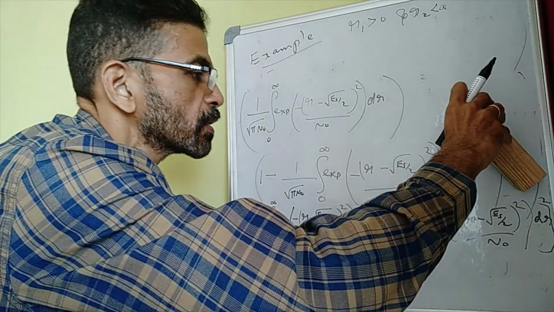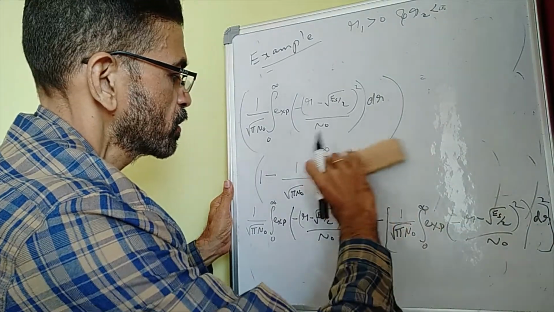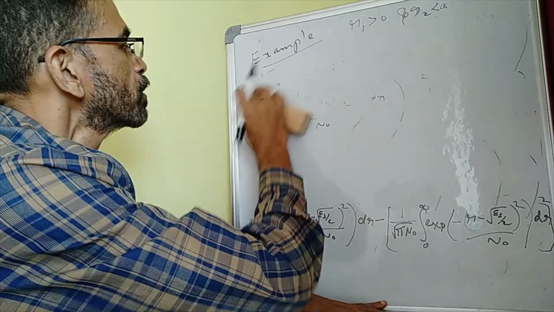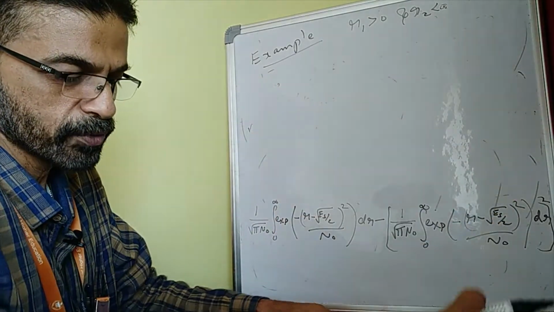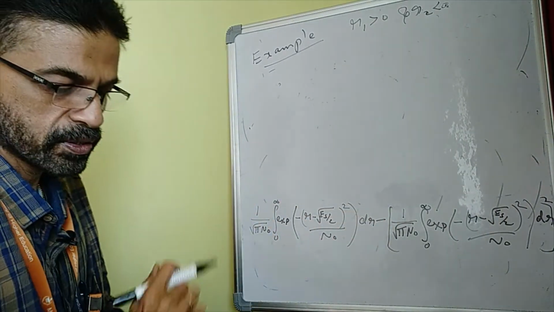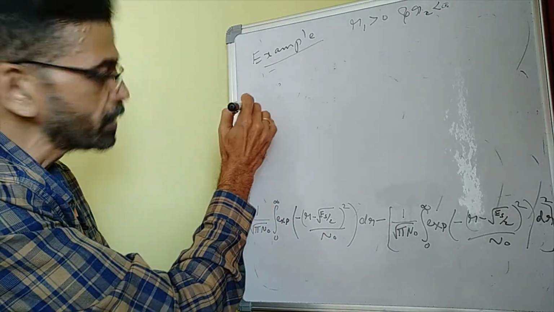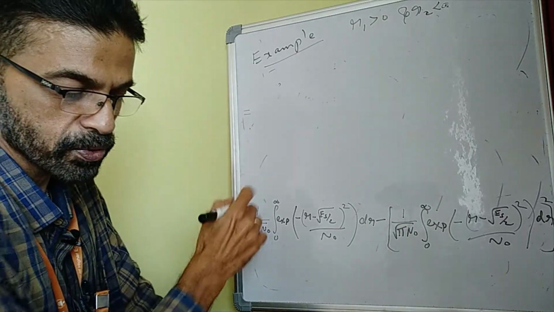Now we can make appropriate substitutions, the steps of which I will not show here. You can make appropriate substitutions and write this in terms of the Q functions. I leave it as an assignment for you. What are the missing steps?